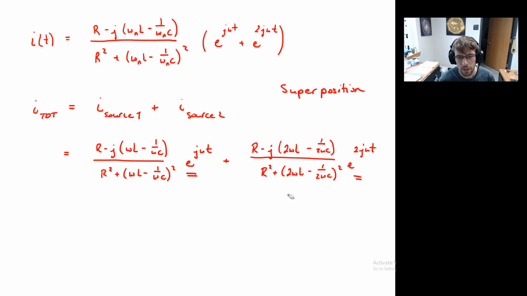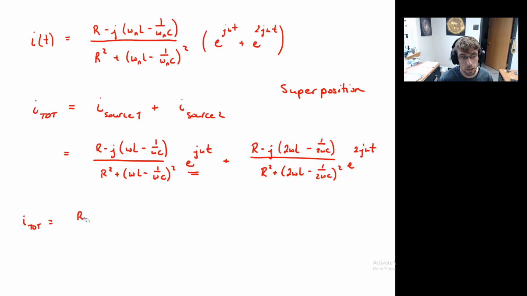Now, of course, if you want to get back out of the frequency domain, we'll have to unpack this. So for example, you'd have I total equals, well, let's reintroduce Euler's relation here and then throw out the imaginary pieces.